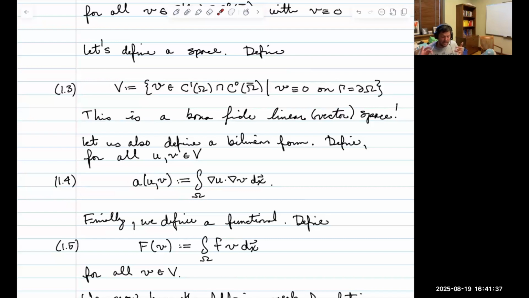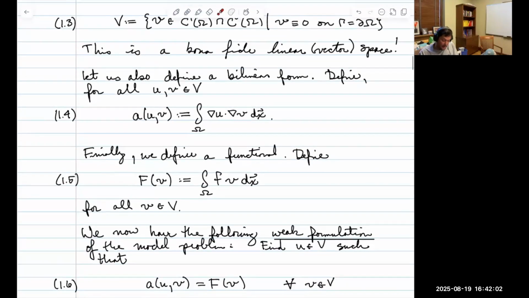Now, we don't quite know if this integral will be bounded, right? We don't know if it'll be finite if we just have this. So that's an open question. If we said it was C1 over the closure, then we'd be fine. But we'll get to more of these technical questions a little bit later.